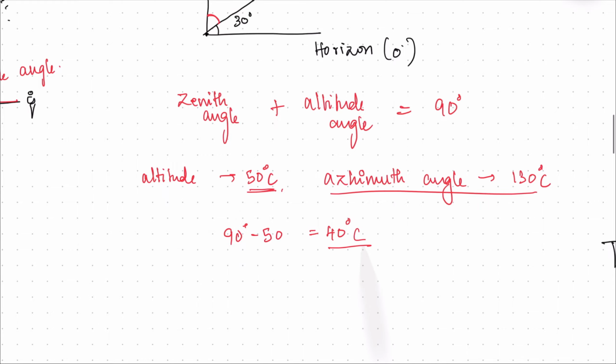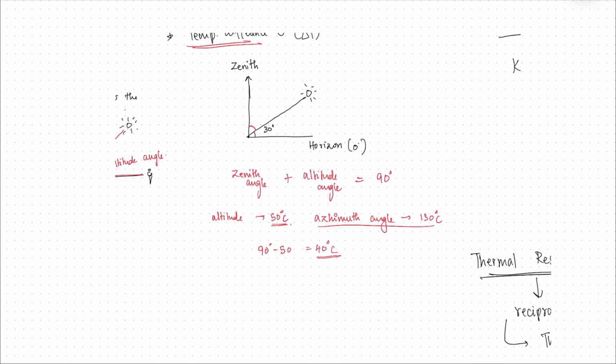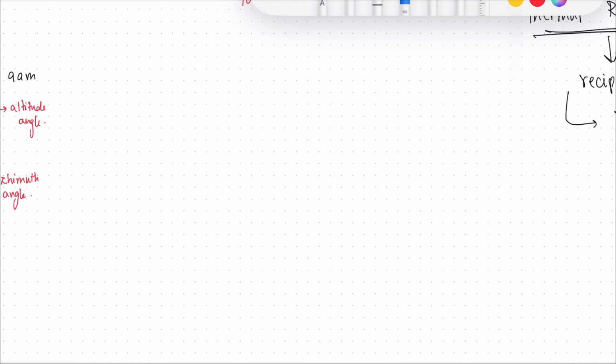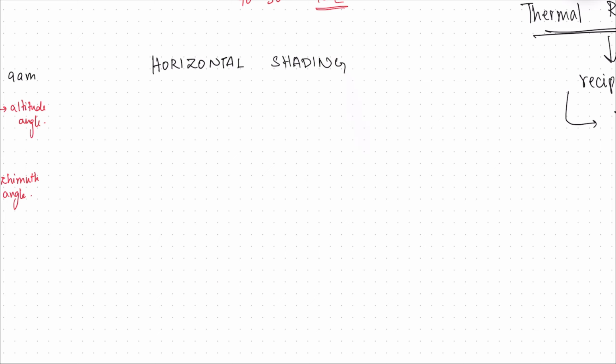Now let's move on to our horizontal shading device. Your basic sunshade, your basic chhajja, is also a horizontal shading device. Now let's consider this to be a window.